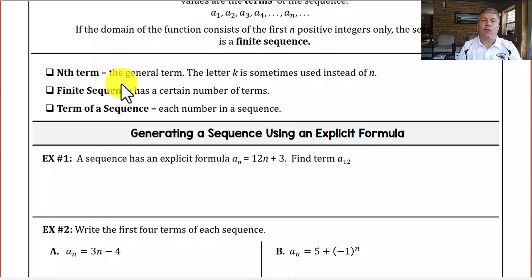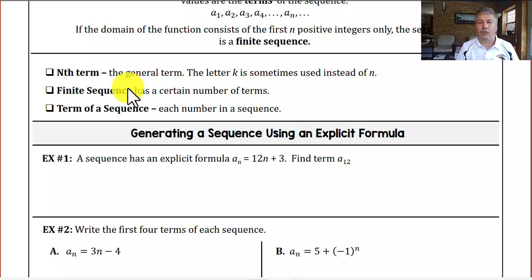The nth term of a sequence is kind of the general term. We will see also the kth term. So sometimes we'll talk about the nth term of a sequence and the kth term of the sequence, and that'll help us differentiate which term that is. So we might say the first term is 12 and the sixth term is 24.